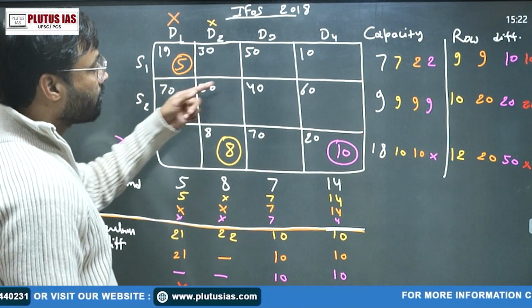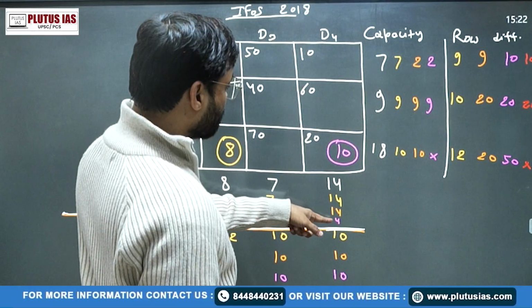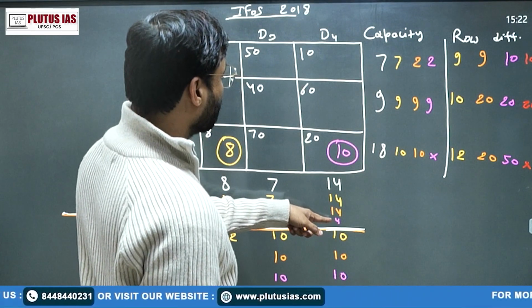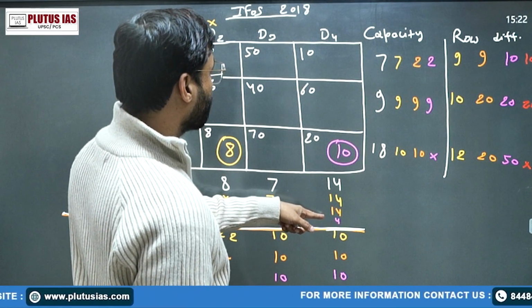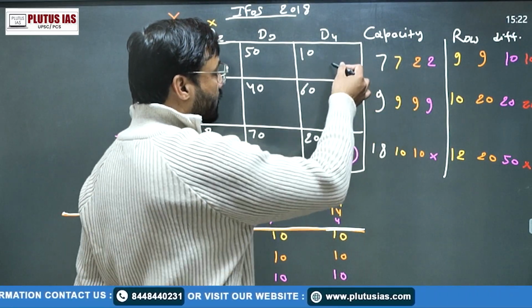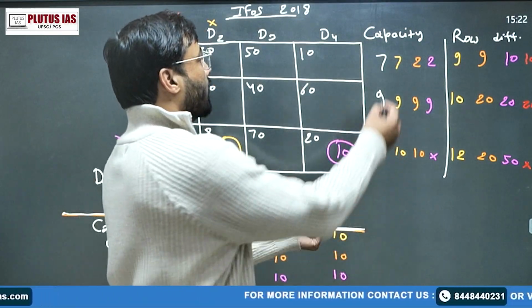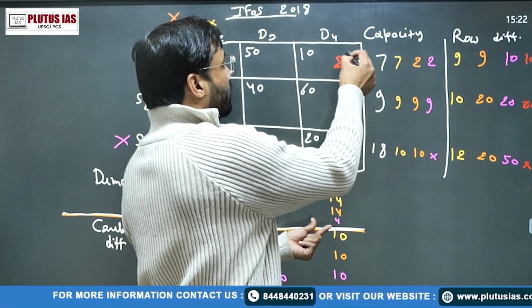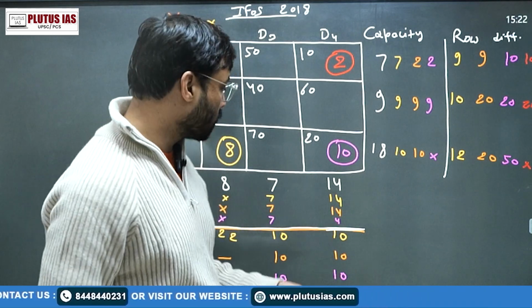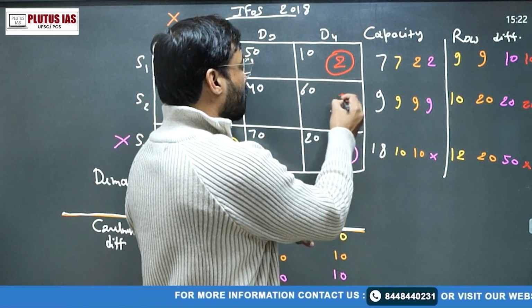We have allocated the 5, then 2, here allocated the 10, then we are getting 4 remaining. Capacity is only 2, and here demand is 4 and capacity is 2, so we can only give it 2. So the rest, 2, again remains, in this case 10 and 2, 4, so we can allocate to this one.